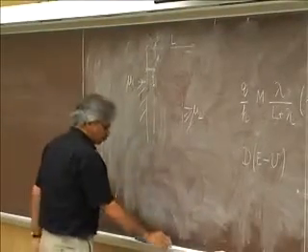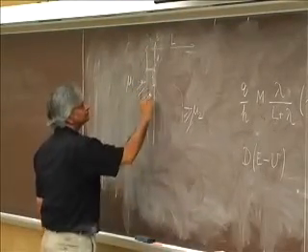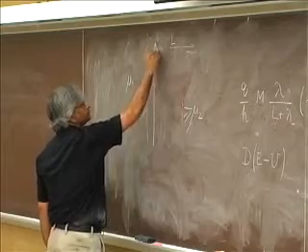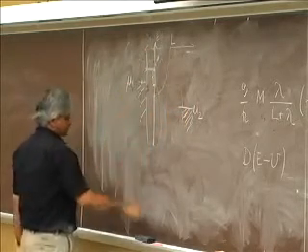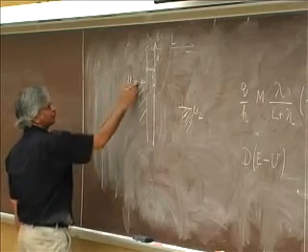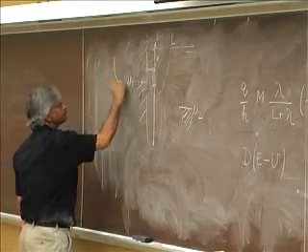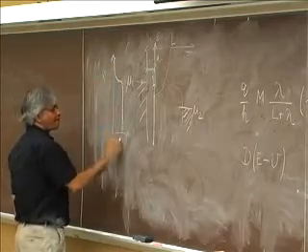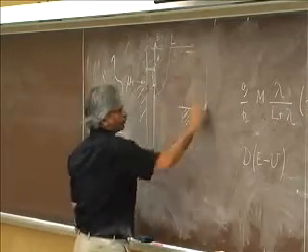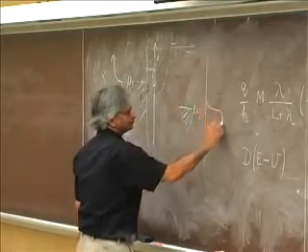So let's go back to our old picture then. So here you have a Fermi function that looks like this. And here you have a Fermi function that looks like this.